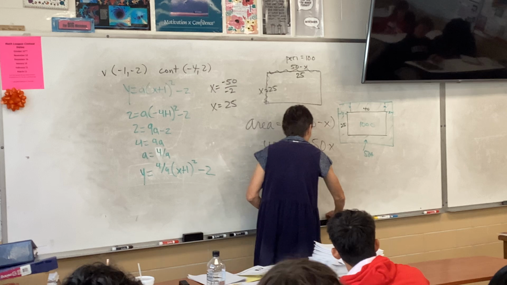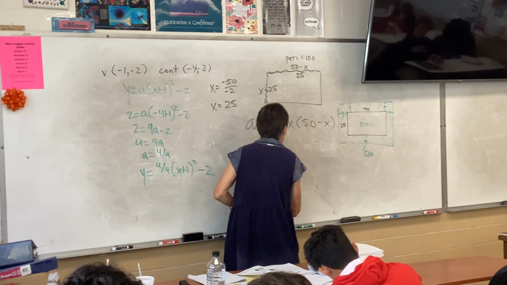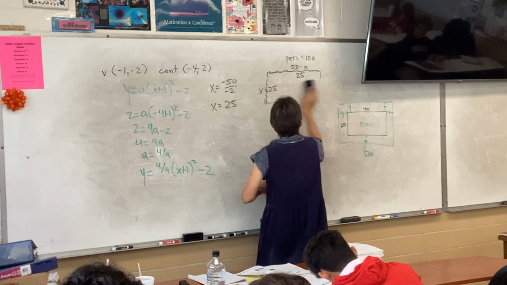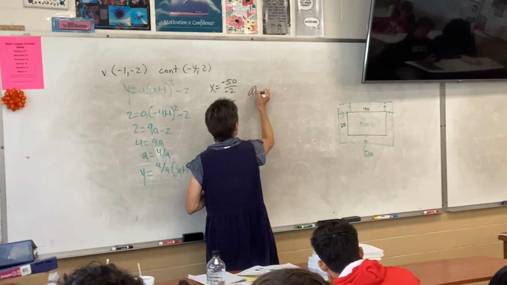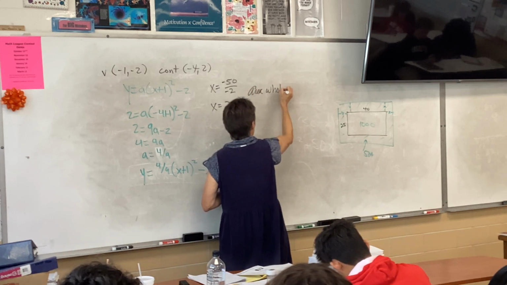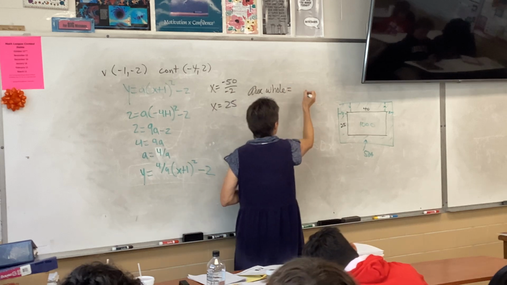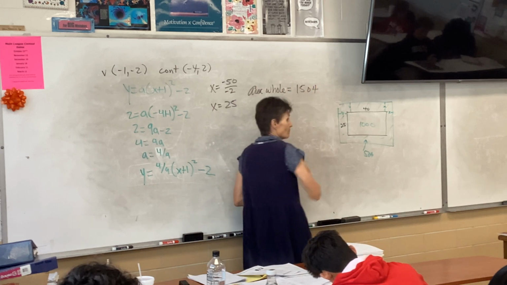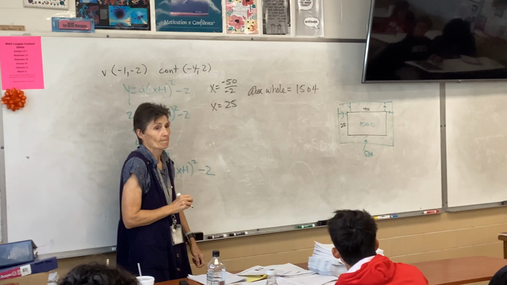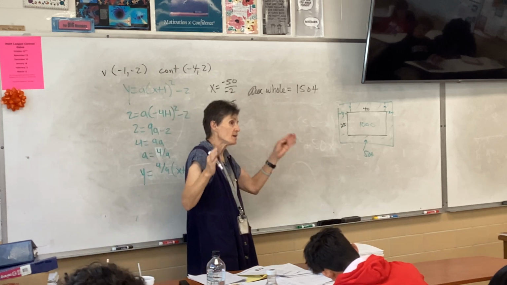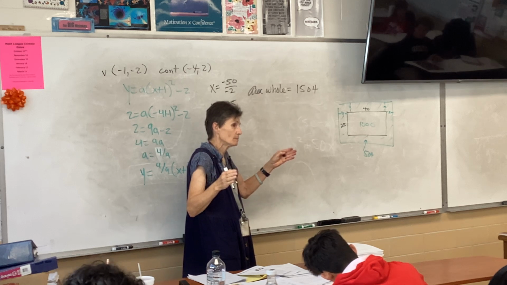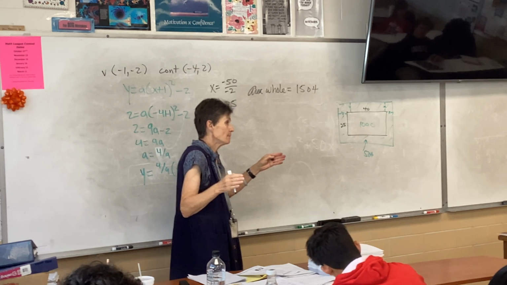And the area of the strip is 504. So would you agree with me if I said the area of the whole thing is 1,504? Yep. Now, the whole thing is a rectangle, right?